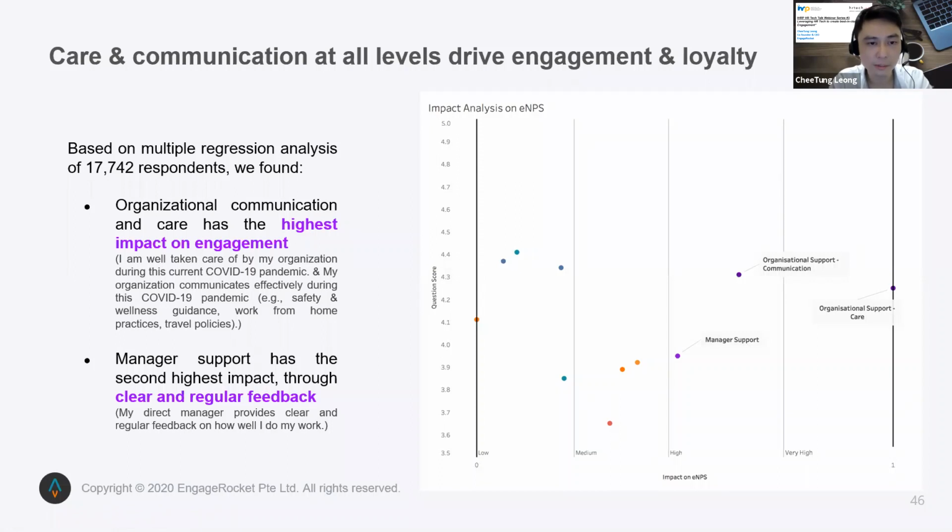So this was interesting because it was not just about the care and concern that needed to be communicated, which was very important. The next thing that needed to be communicated was, I want to know that I'm productive. I want to know that what I am doing is linked to what the organization needs. So that's where the manager's feedback comes in.